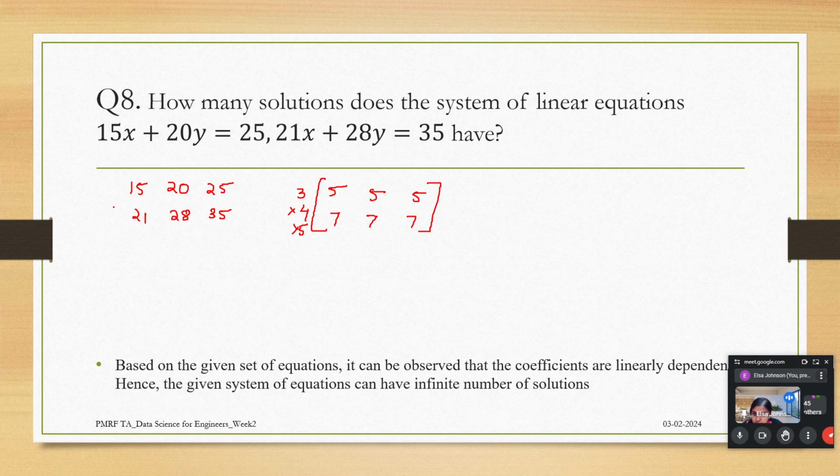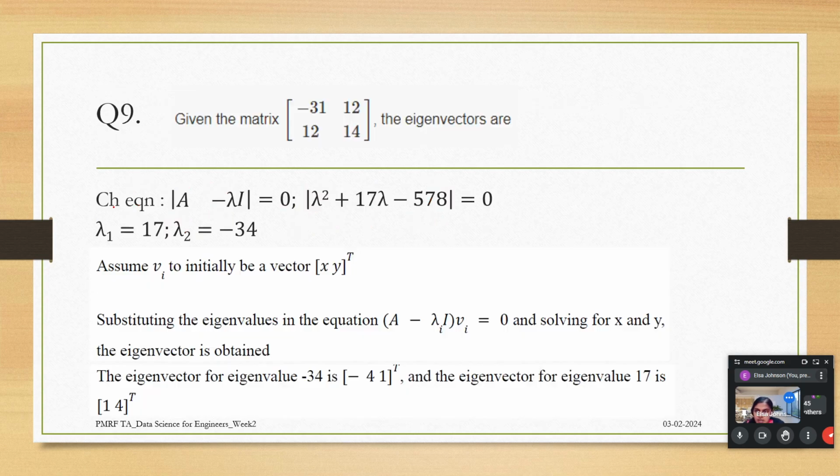Okay, the answer is infinite solution. Anyway, I have written that also. So in this one, we will go through this. Given the matrix minus 31, 12, 12 and 14, the eigenvectors are. The characteristic equation is A minus lambda I equal to 0.